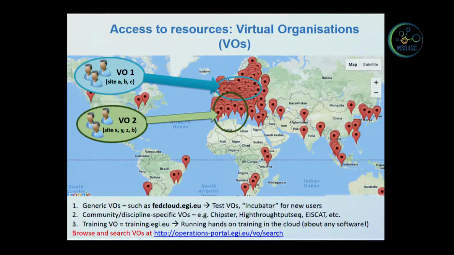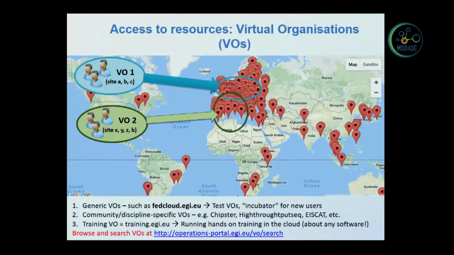And how can these different stakeholders access the services? The access to EGI capacity happens through so-called virtual organizations, and a virtual organization is just a resource pool, an allocation of certain providers in order to support a given project or a given scientific goal.